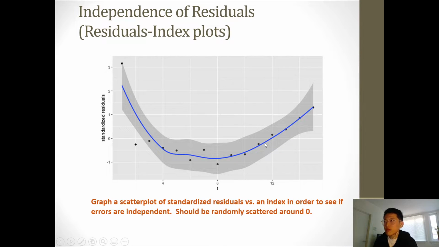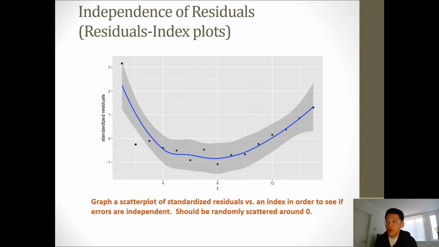However, for the time series model, this violation of independence of residuals can be addressed by the autoregressive model. So just keep that in mind, and that might help with the violation of independence of residuals better than just transforming the variables.